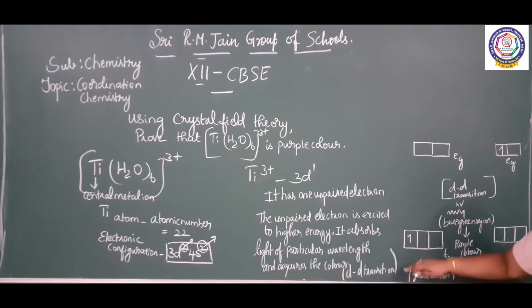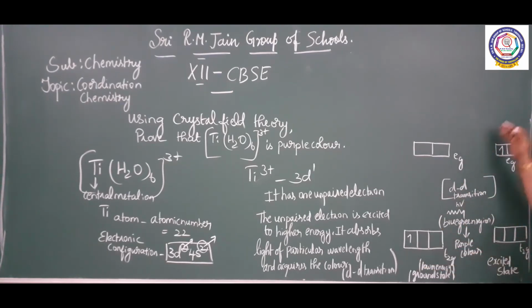The unpaired electron in the lower energy level, in the ground state, is promoted to the higher energy level, that is from the ground state to the excited state. We call this d-d transition.